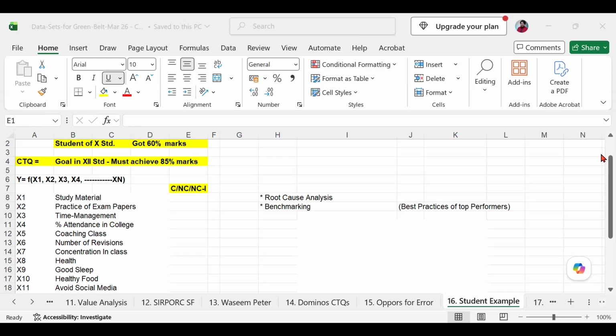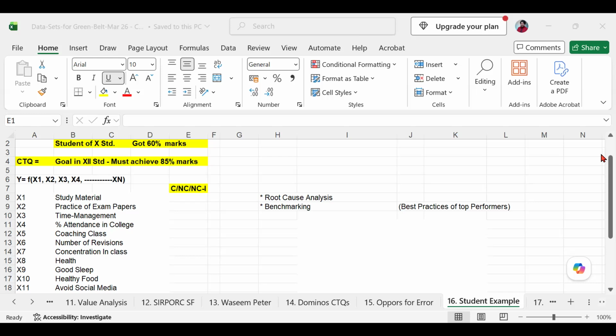So this process approach is also represented as a model. It is called as the process model. So we have the output, Y. Output is what is going to the customer. So this is our critical to quality, CTQ.